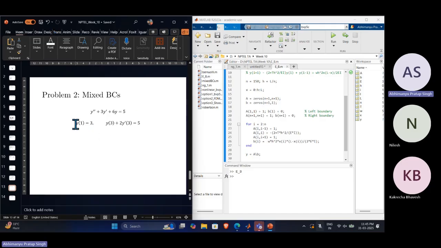So at one end we have a Dirichlet boundary condition, and on the other end we have a mixed boundary condition, where we know we have the derivative as well as position at that node. The boundary condition goes from 1 to 3. That means the domain of interest is from 1 to 3, like it's not from 0 to 1. The domain of interest is from 1 to 3.